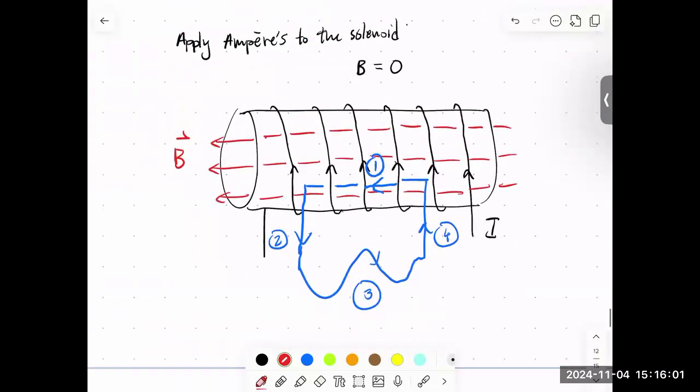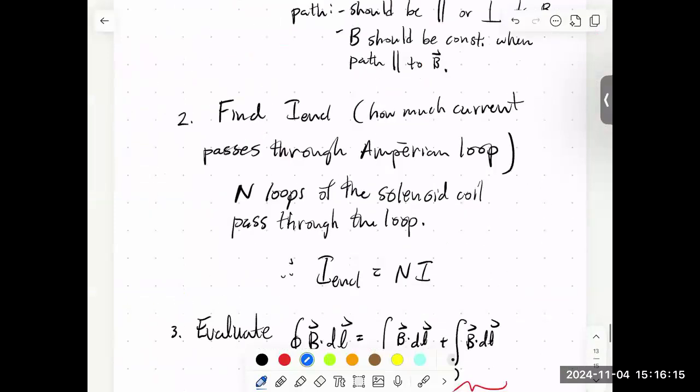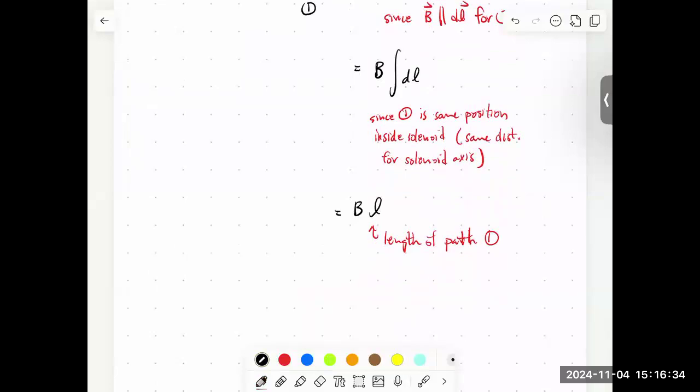Okay, well, let's do one other thing then. Let's say that part number 1 of our loop has a length L. If we do that, then this is equal to BL, the length of path 1. And that has to be equal to mu naught I enclosed.